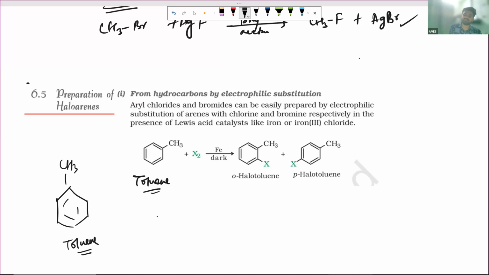Toluene is passed with X2, meaning chlorine gas, in the presence of Fe, iron, in the dark.